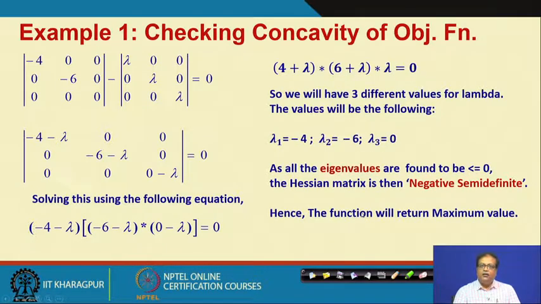All the eigenvalues are less than or equal to 0. So, what is our conclusion? The Hessian matrix is negative semi definite, because one of the terms is 0. Since the eigenvalues are negative and only one is 0, we can say the function is concave and we can have a maximum value out of this.